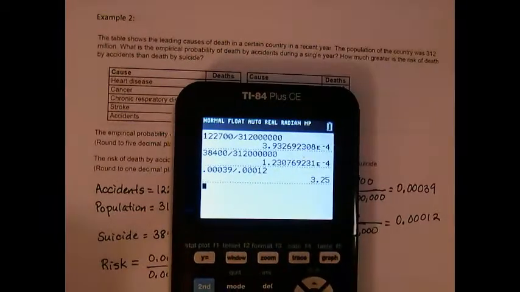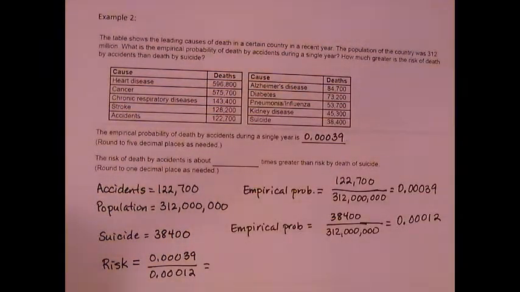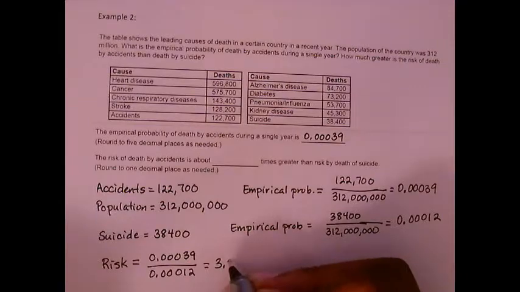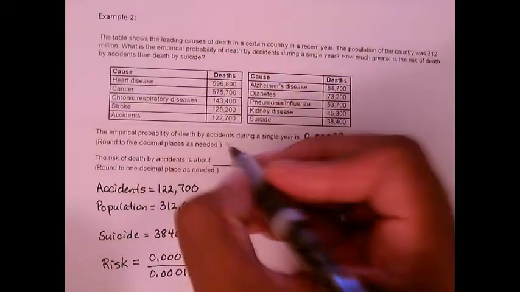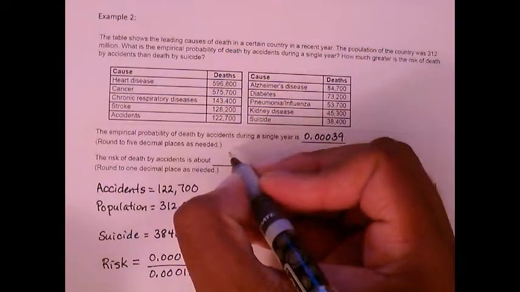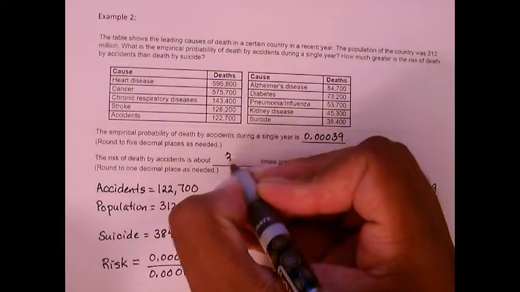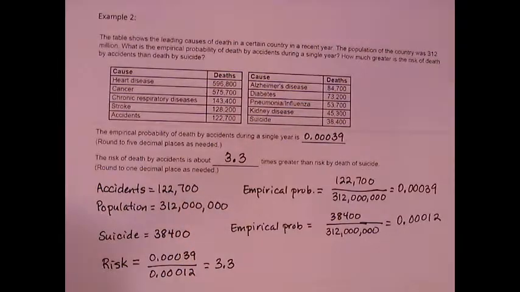And here they want this rounded to one decimal place, so this is going to be like 3.3. So to answer that question, the risk of death by accidents is 3.3 times greater than the risk of death by suicide.